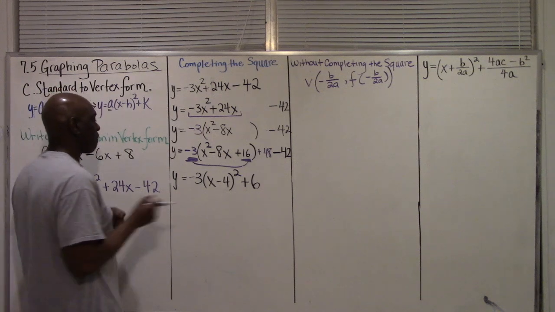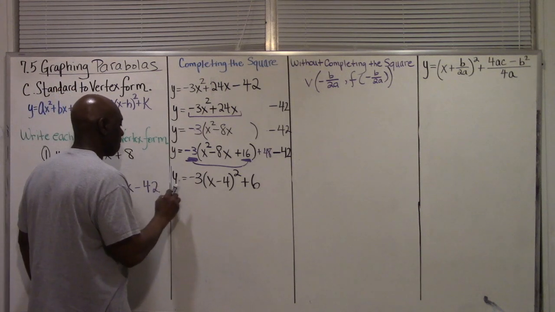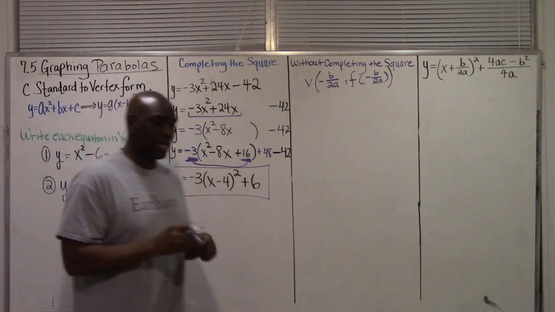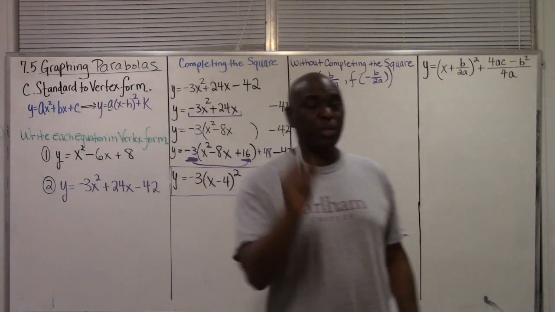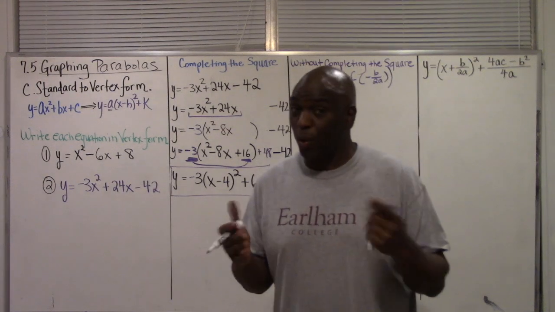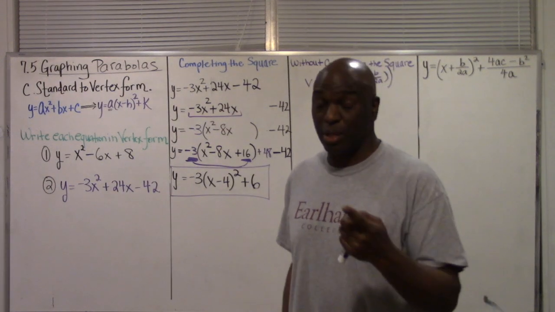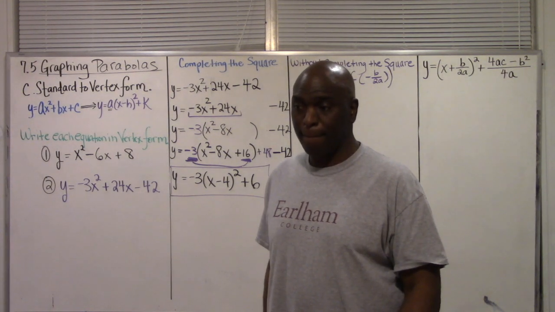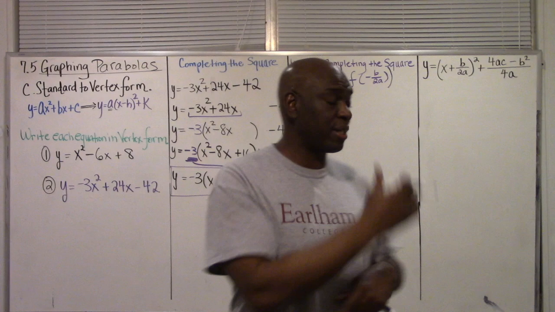That is in vertex form. Okay? Some of you guys saying, Mr. Wright, I was with you till you got to that 16 and that 48 stuff. I didn't like that. Well, I tell you what, stop the video, watch it again.